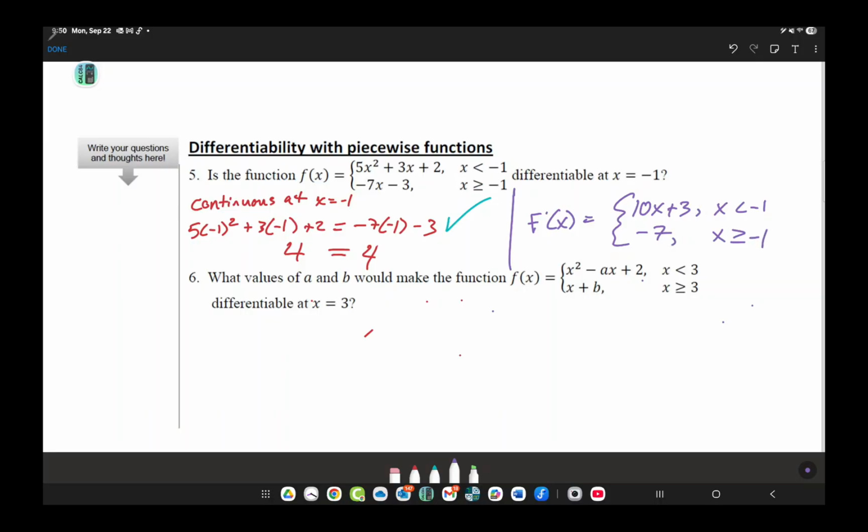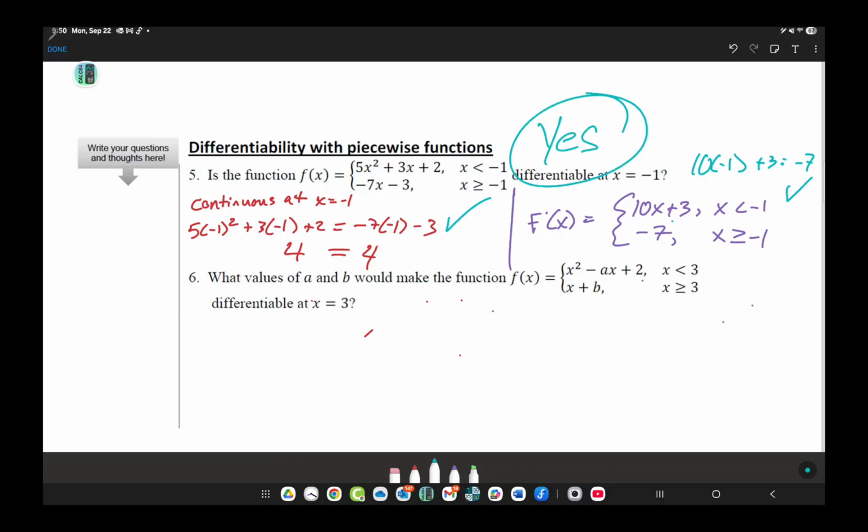Now, in order for this to be differentiable, we must approach the same value as well. So, does 10 times -1 plus 3 equal -7? Yeah, that also works. So the answer is yes, it is differentiable.